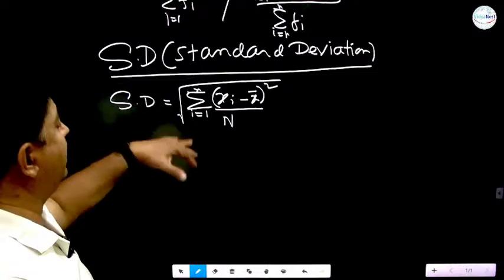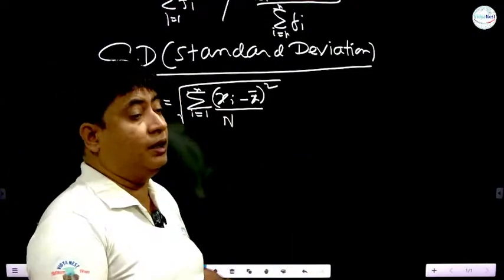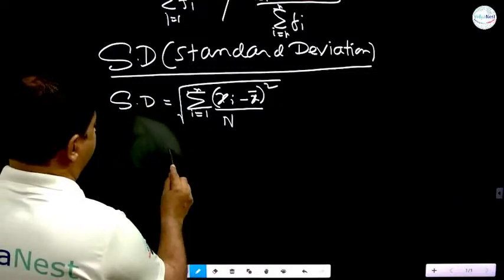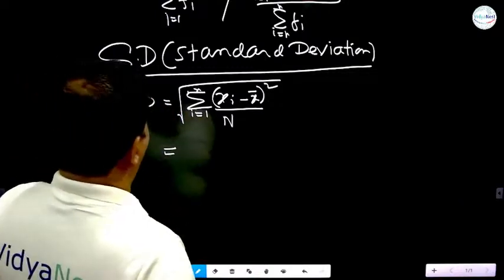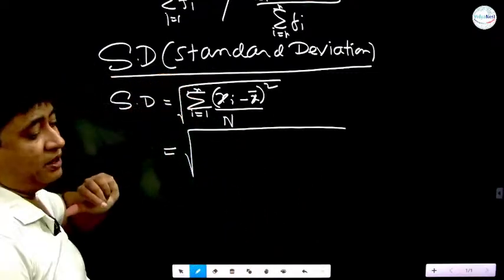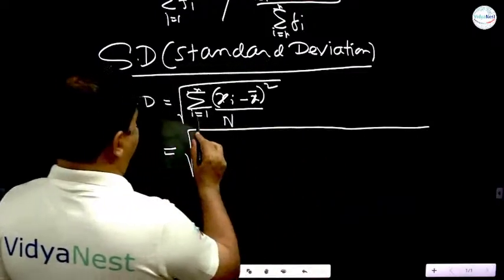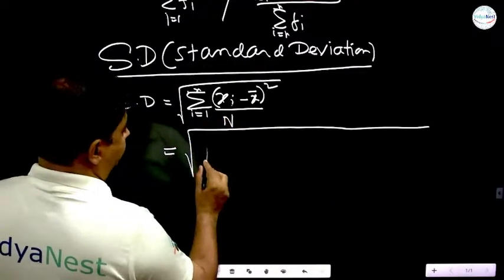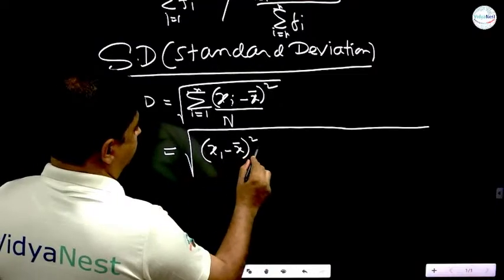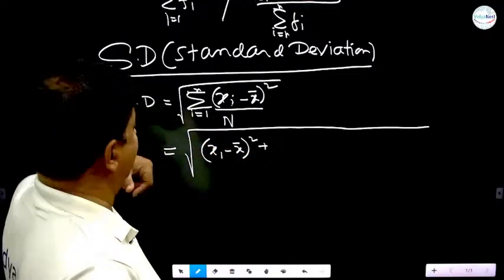Now this can be revised, means it has some other expression. How? You do one thing, you open this sigma or summation sign. If I put 1, x1 minus x bar whole square. Now sigma means summation, so put plus sign.